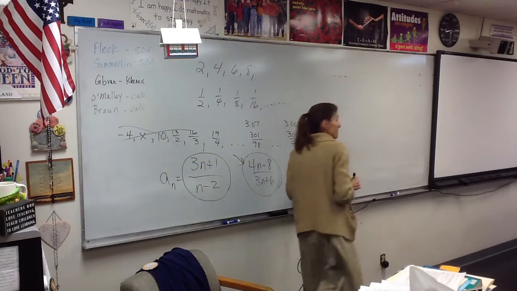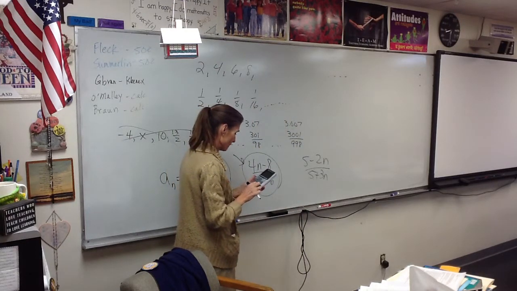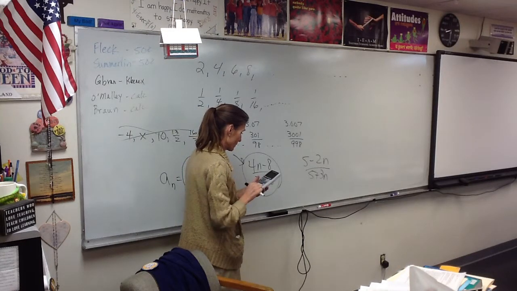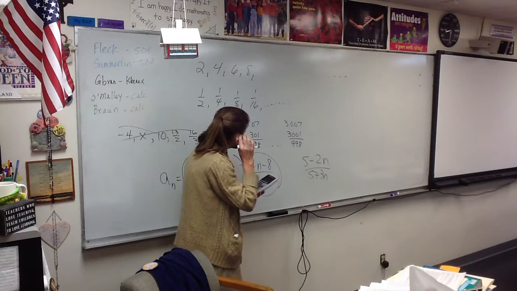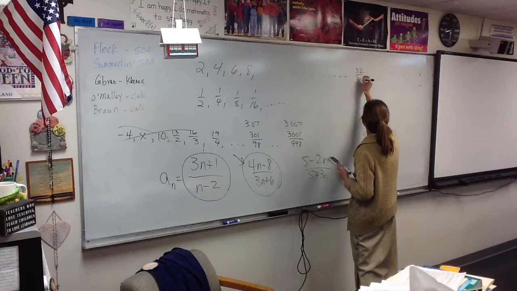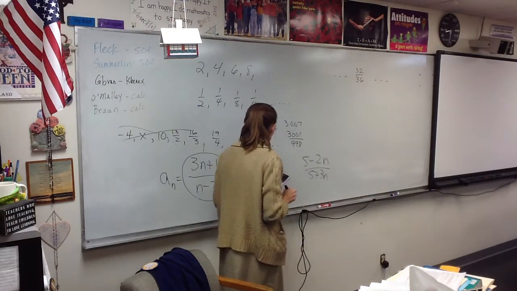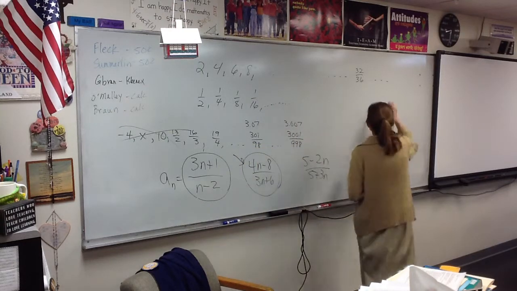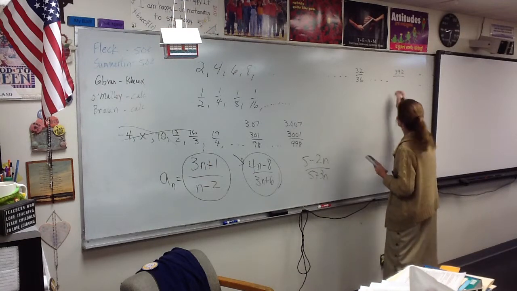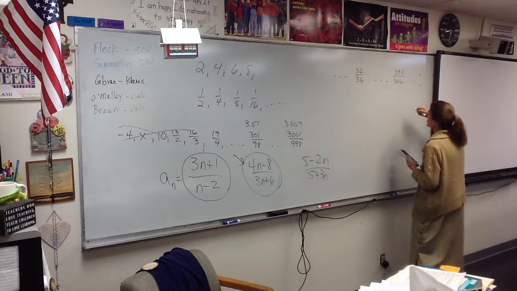If you were listening to me, maybe you're skipping the first few terms. I think I'll just do the 10th term. And the 10th term would be 32 over 36. And then maybe I'll do the 100th term. And maybe the 1000th term.